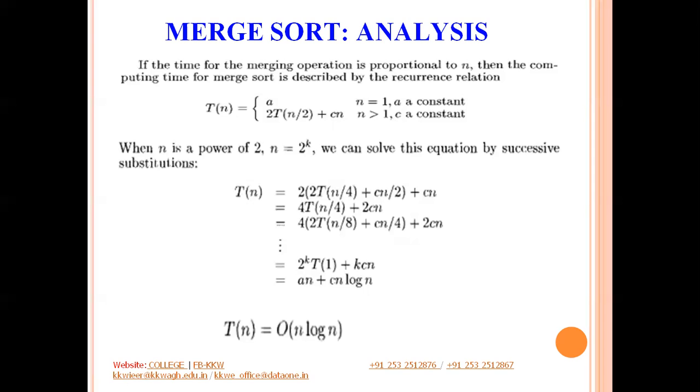That is the reason there is no such best case, worst case or average case for this particular algorithm, because it is going to function in exactly the same manner irrespective of the type of input you provide to it. So for merge sort, the time complexity is n log n for best case also, worst case also, and average case also.